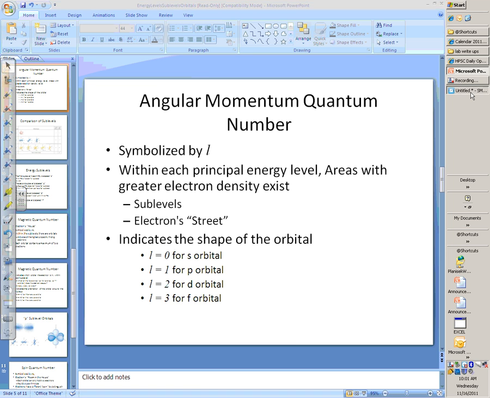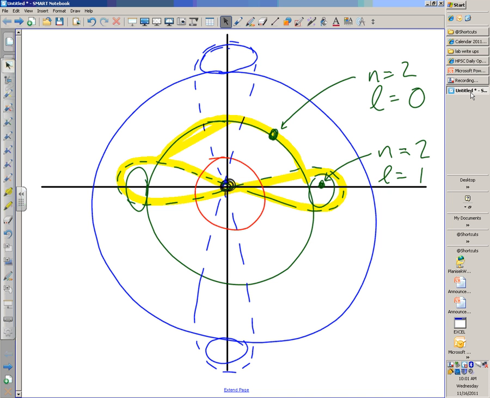Let me do 2 more things, and then we'll go. So, this electron: n equals 3, because now we've moved up a principal energy level. But what shape orbital is it still in?